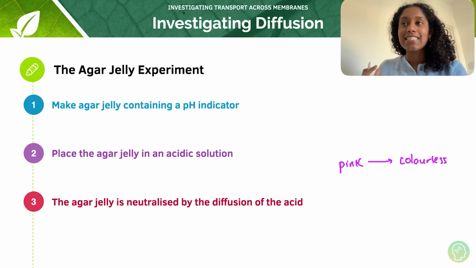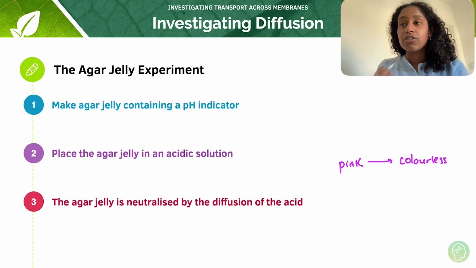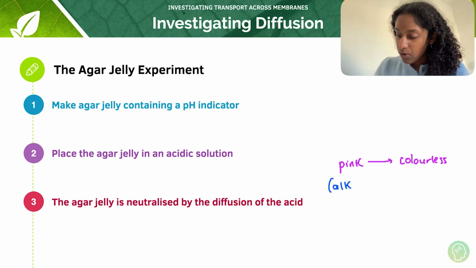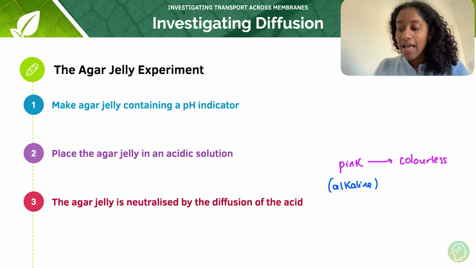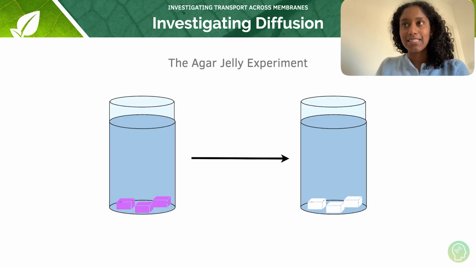Because remember, as the acidic solution diffuses into the agar jelly, it's going to neutralise that alkaline solution. So the jelly is going to become colourless as the phenolphthalein becomes colourless, because phenolphthalein in an alkaline solution is nice and pink, whereas it's going to become colourless in non-alkaline environments, i.e. the more acidic you make that agar jelly. So we'll look at that on the next slide.